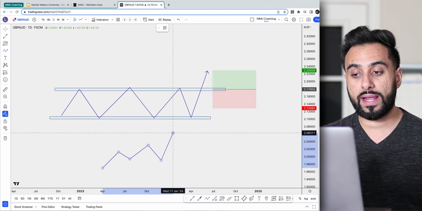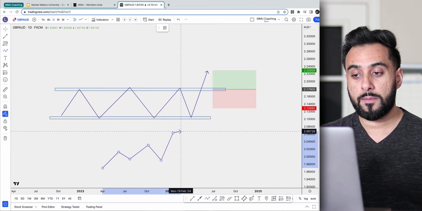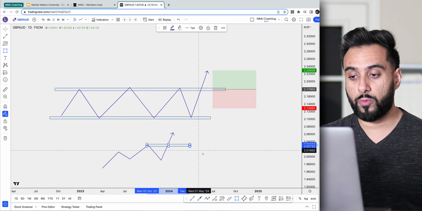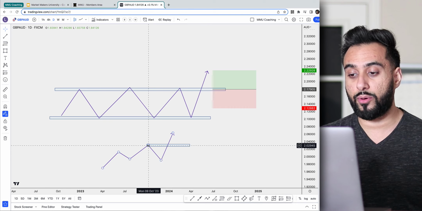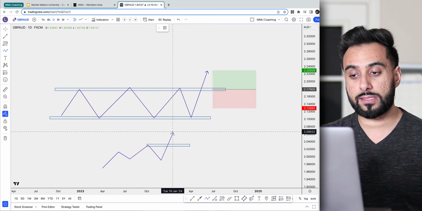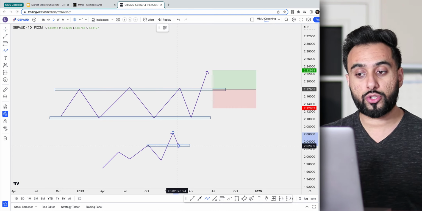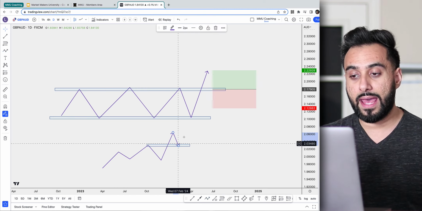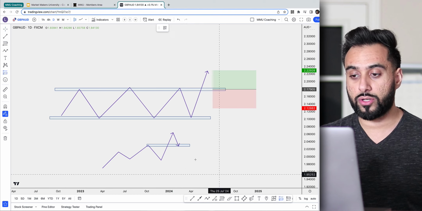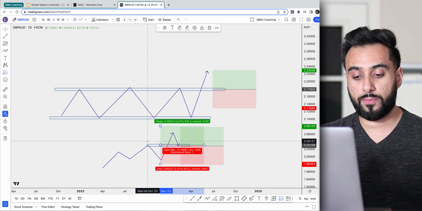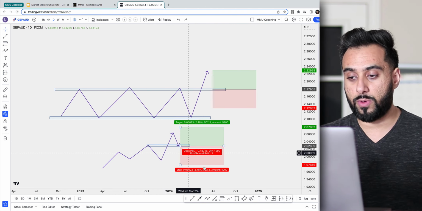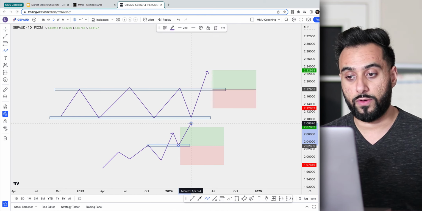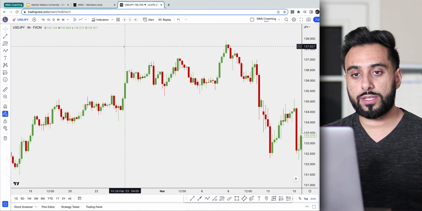You could wait for the price to breach that high, and then you can set your entry on the retest of the most recent previous high, and you can potentially wait for the price to come down, strike when the price approaches this zone, and then have your buy activated to enter the trade in the direction that the price was already moving. So this is where you would activate your trade, and then potentially it could go in your favor.